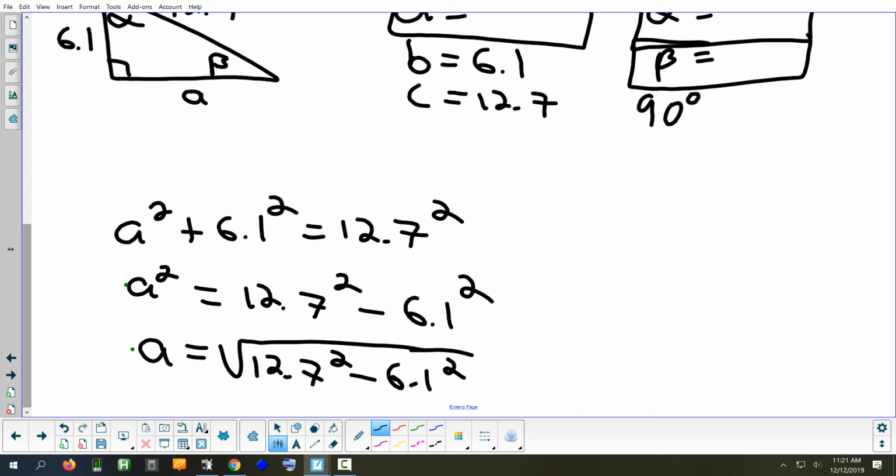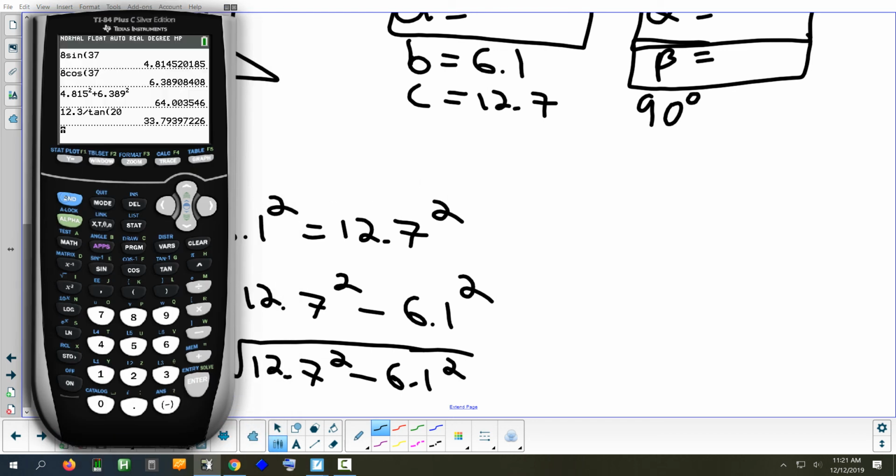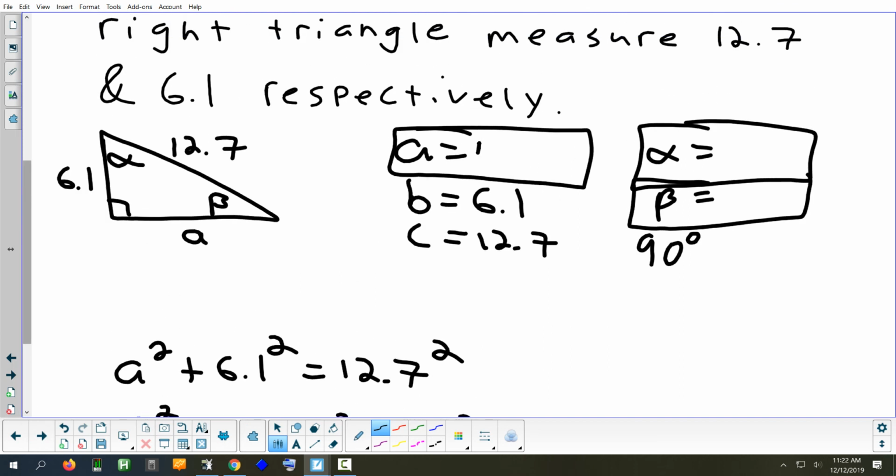That's a lot of rounding. So if you can, try to do it like that. And this is how you type it in: 12.7 squared minus 6.1 squared. Okay. So we get A is 11.139. Questions on that?